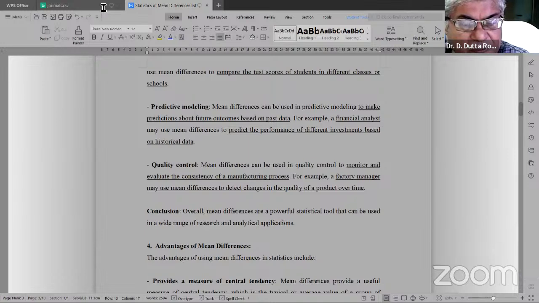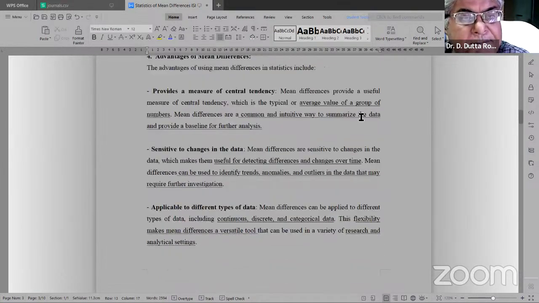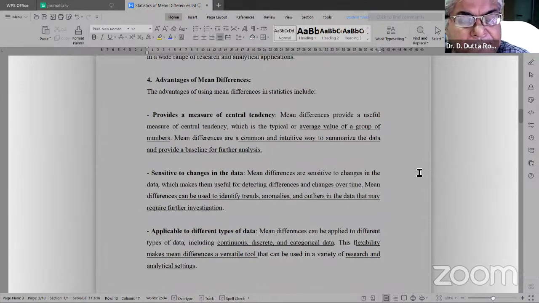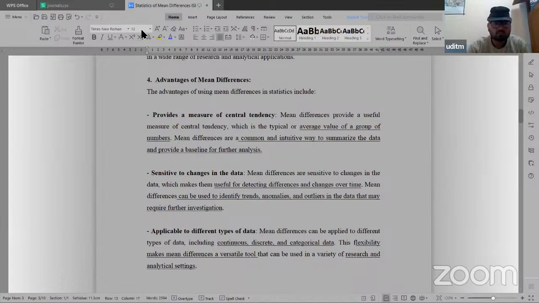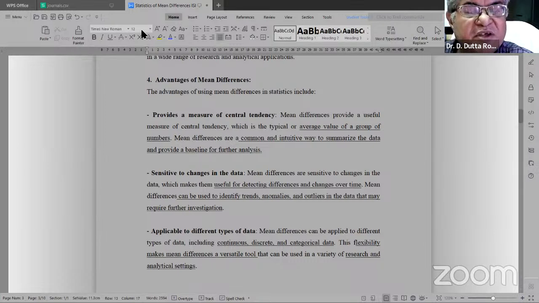Go below. And please verify, okay? Because, sir, you have written that the advantage of using mean difference in statistics includes providing a measure of central tendency.